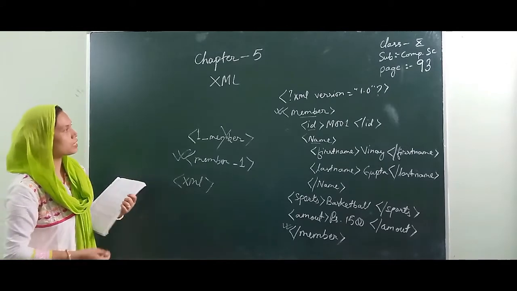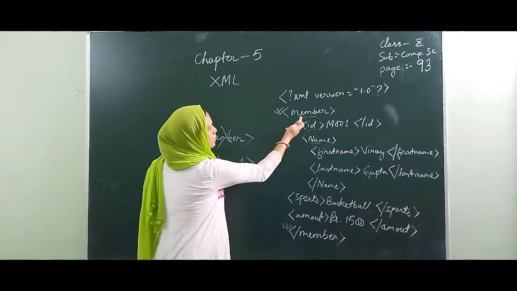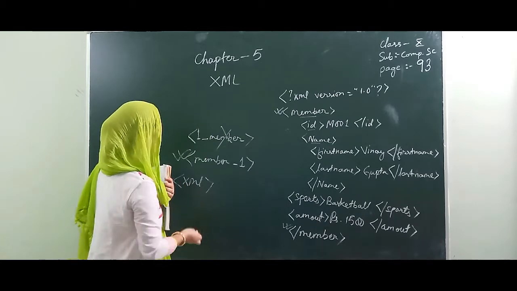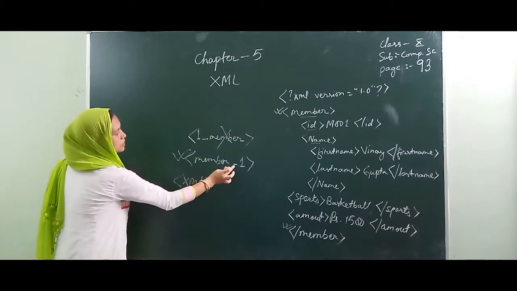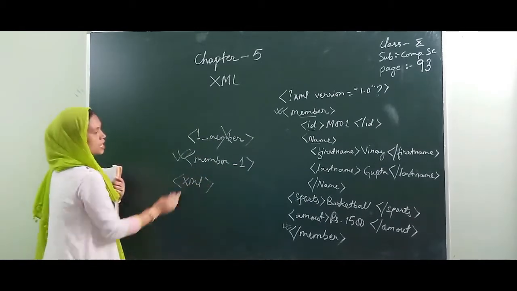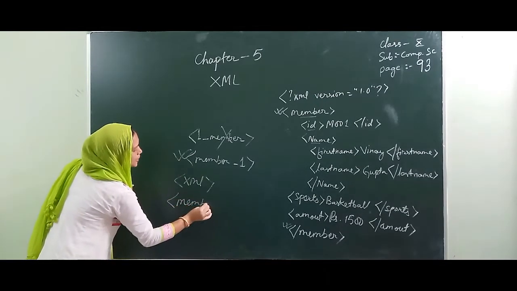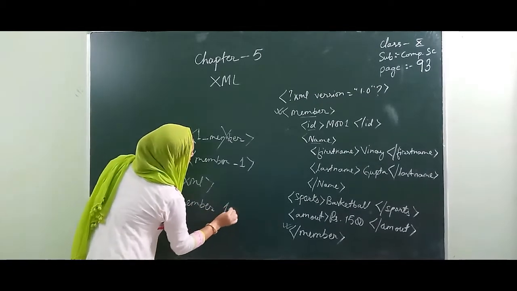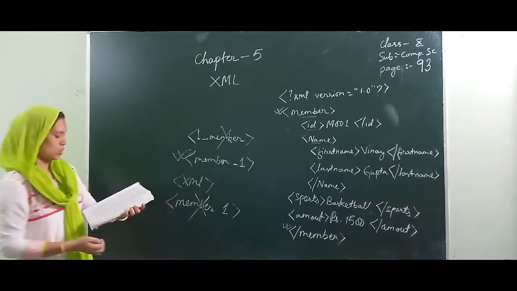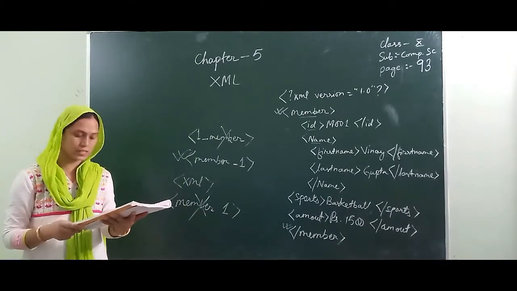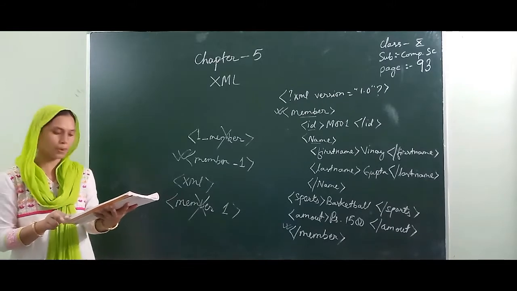That means when you give a name, you cannot give any space. Like here, member, then hyphen, then 1. So this one is correct, but you cannot use it like this, member, space, 1. This is wrong. So these four points are very important. You just learn the four points by heart.